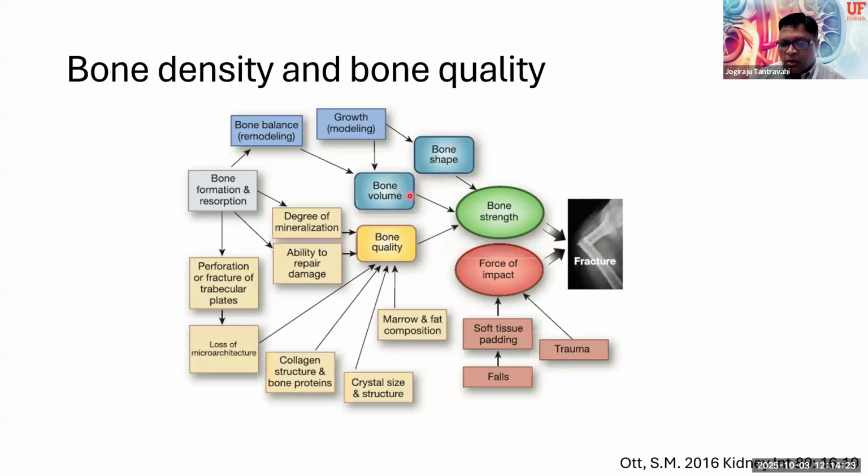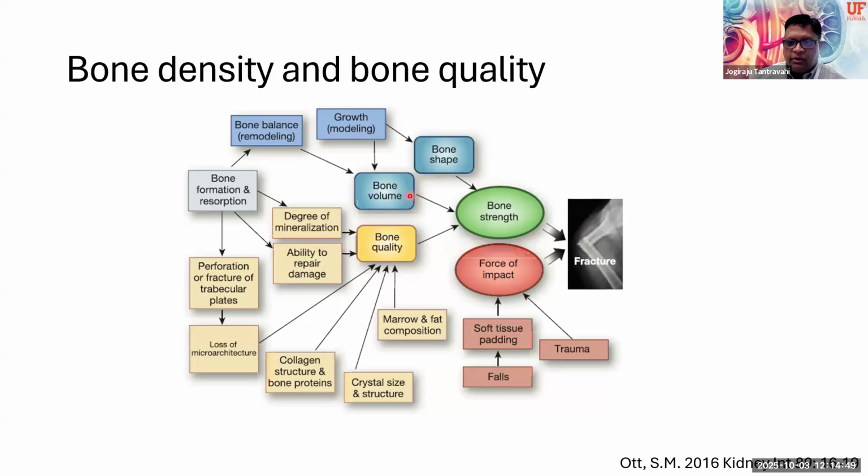Okay, and what we'll see going forward is that in the kidney world, bone density is only part of the factors that we have to consider in looking at why our patients get fractures, why our patients have less than ideal bone quality, for lack of a better word.